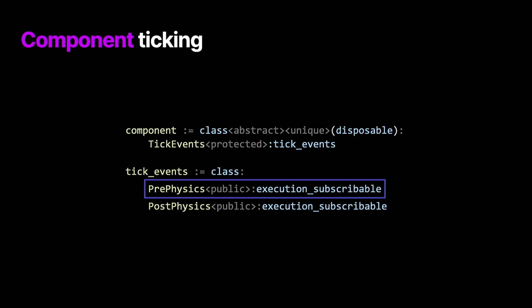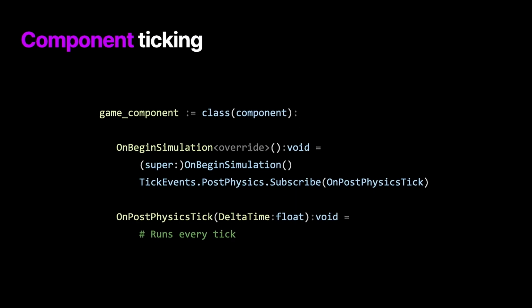So apply impulse, let physics run and do its thing, and then read out the results so you know where it is. And so on our custom game component, we can do this just by subscribing a function, in this case on post-physics tick, and this will run every tick. And we will also pass you the delta time. This is something that UEFN doesn't have right now. Delta time lets us do smoother animation because we know the exact timing that has passed between the last tick and the current tick, instead of an approximation that we might have if we were just reading clocks at different times.